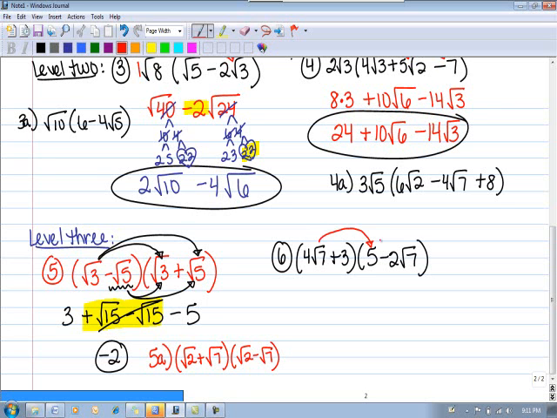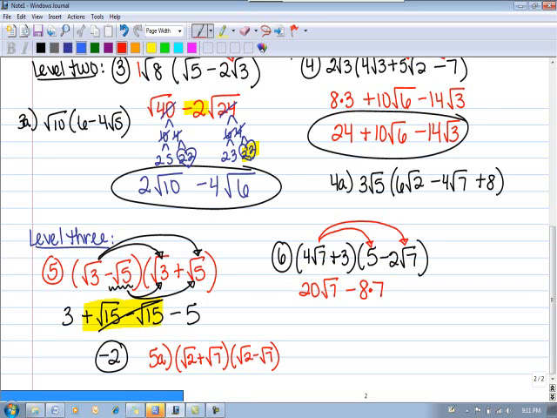So 4 times 5 is 20. And then I got to drag that radical 7 along. Do the first term times the second term in the second set of parentheses. So 4 radical 7 times negative 2 radical 7. I do 4 times negative 2 is negative 8, times radical 7 times radical 7 is 7.